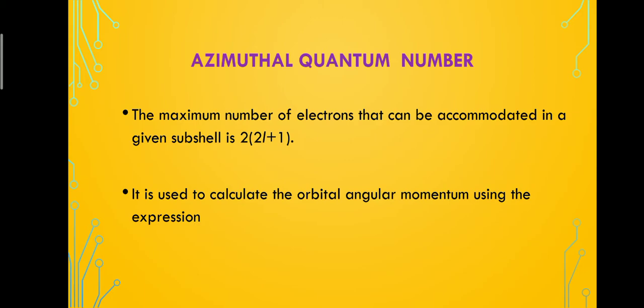And by using this azimuthal quantum number, we can also calculate the angular momentum of the orbital, given by the formula root of l into (l plus 1) into h by 2 pi. This is the formula to calculate the angular momentum of a subshell.